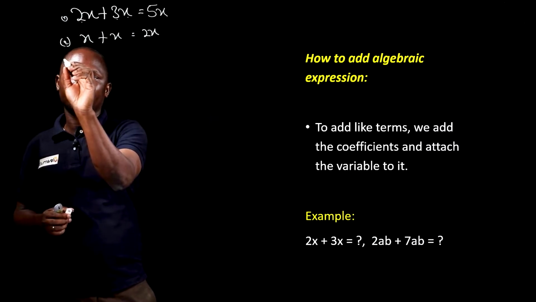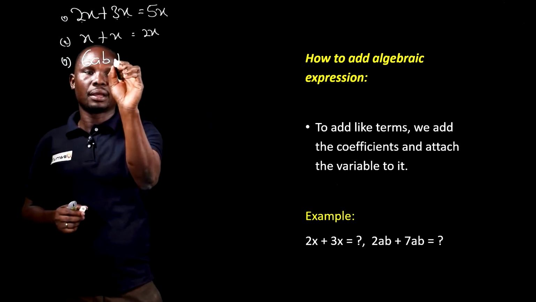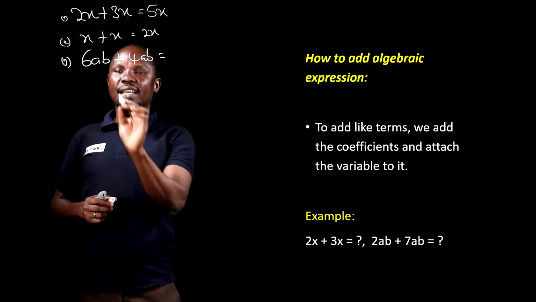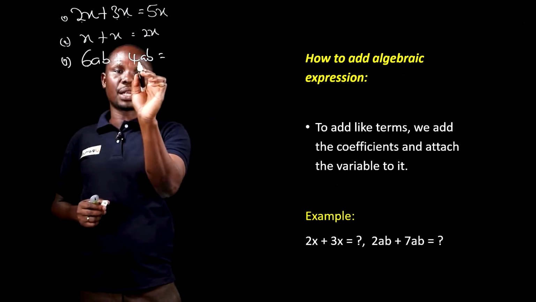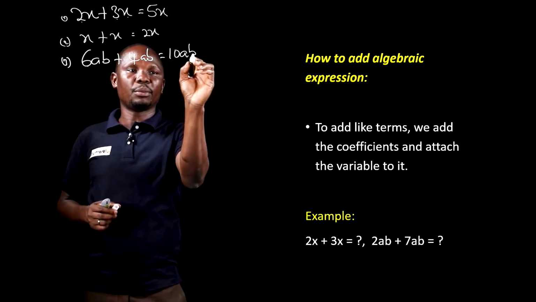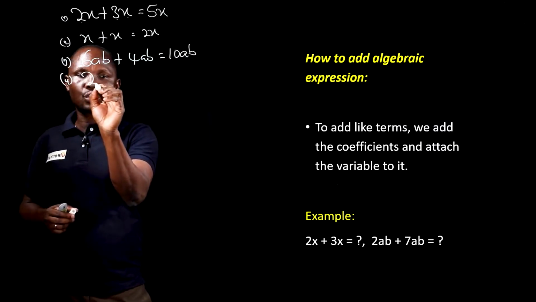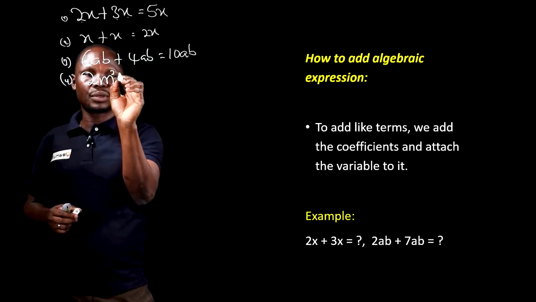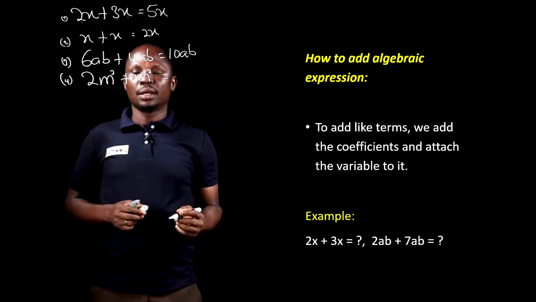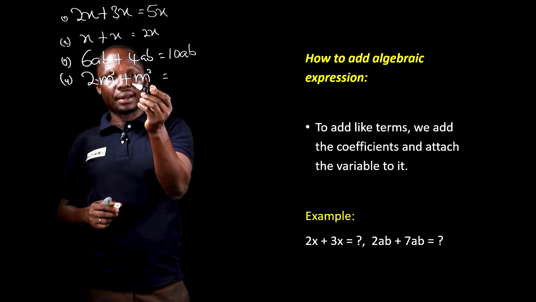If we have 6ab plus 4ab, in this case, because they are like terms, 6 plus 4 gives us 10. We attach the variable ab. If we have 2m squared plus m squared, the coefficient of the second term is 1.